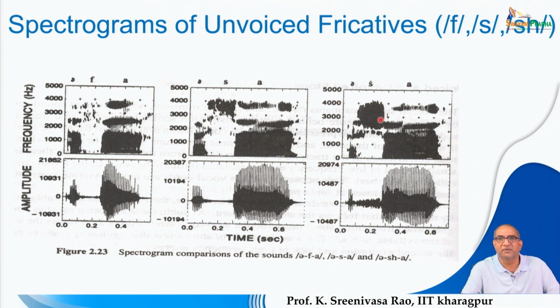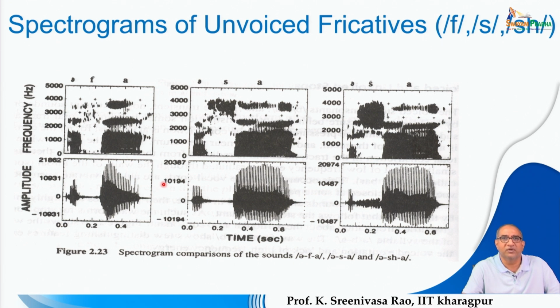So you can perceive that in unvoiced fricatives: as you move the frication from the lips, the energy is less, then sa has more energy compared to the frontal fricative, and sha has much more significant energy at the high frequency range. You can also see the corresponding random fluctuations in the time domain signal.